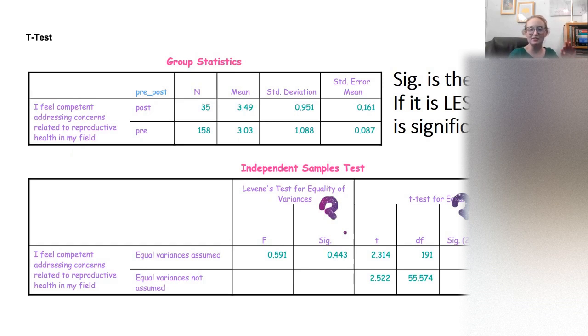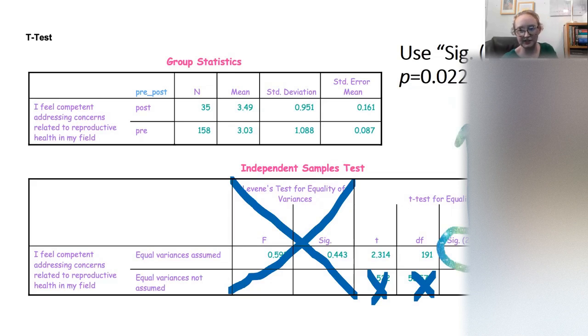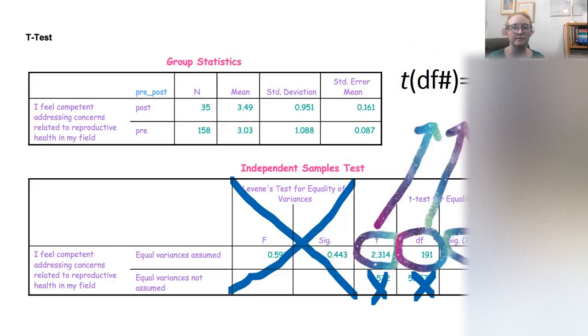It's just not even relevant. I wish I could just not even print it out unless I had a need to. Some people feel differently, but only look at the sig two-tailed. And that will be on the top row. So that's all you care about. That's the p-value. If it's less than 0.05, it is going to be significant.